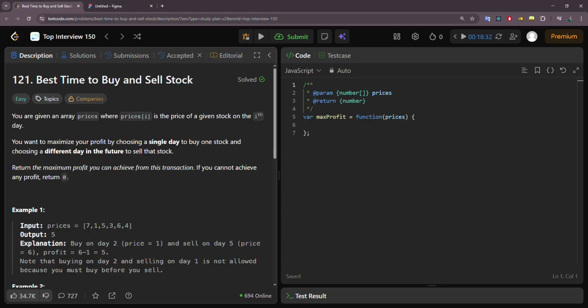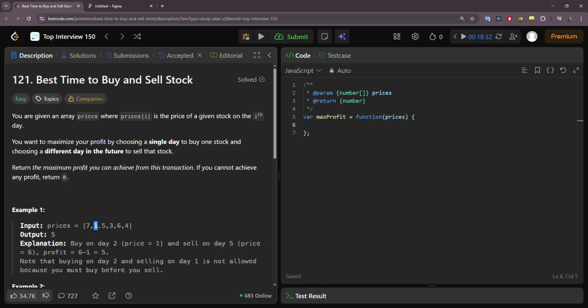For example, if you buy in the first day and you sell in the second day, you're going to lose money because you are buying the stock at $7 and you are selling it at $1, so you are losing $6.